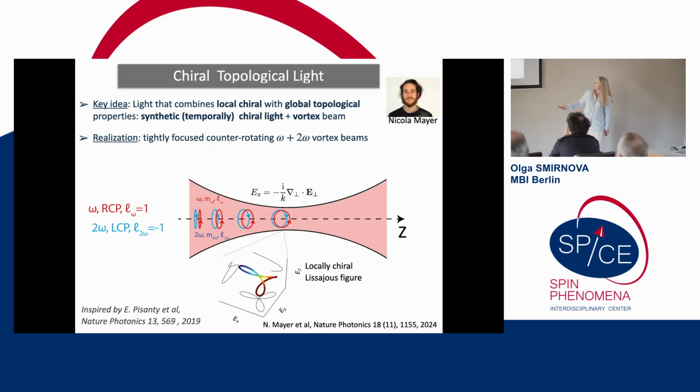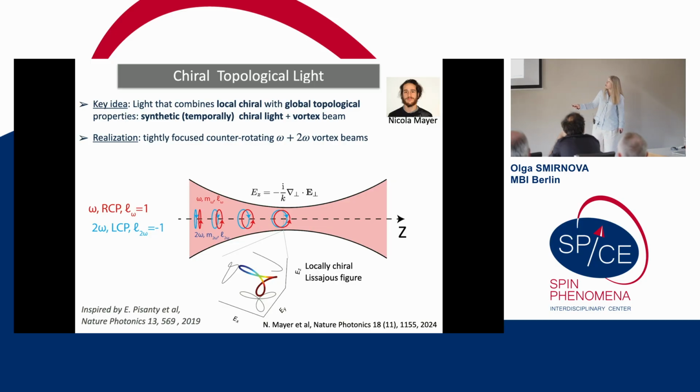So we have counter-rotating omega and 2 omega beams. Well, this is theory. And the orbital angular momentum of omega is 1, of 2 omega is -1. And then, because we need to have a chiral Lissajous figure, we need 3-dimensional fields, which means that we need tight focusing.